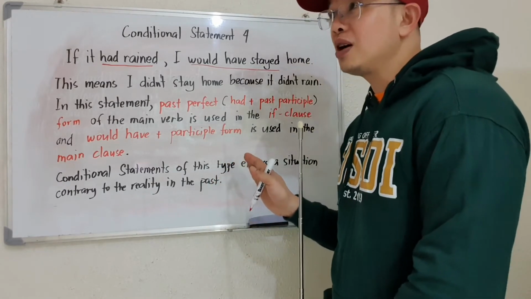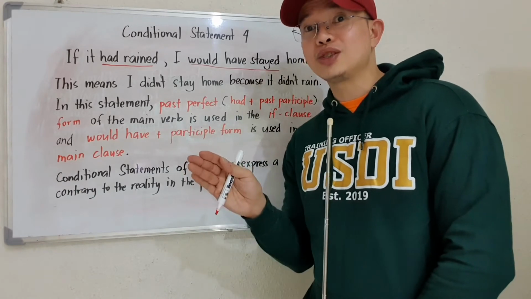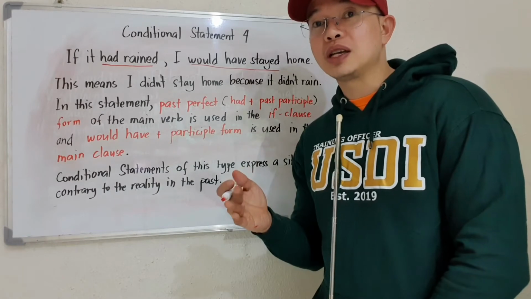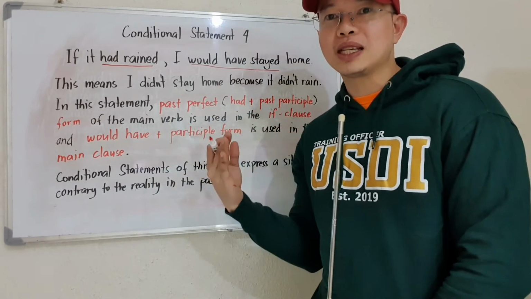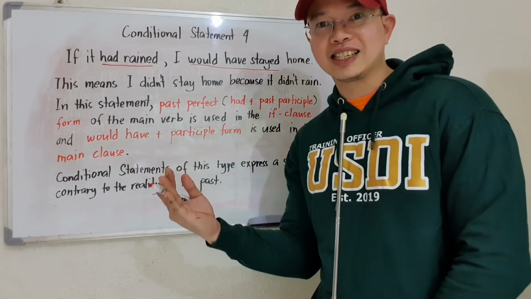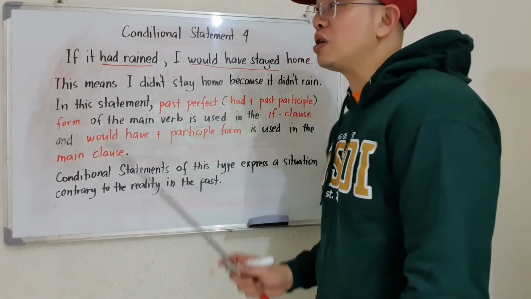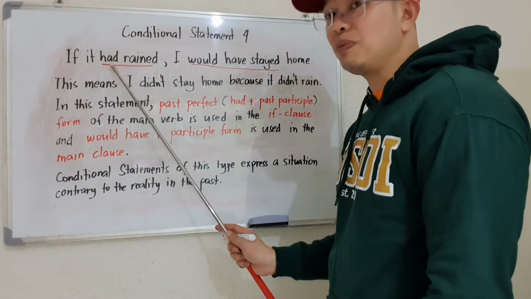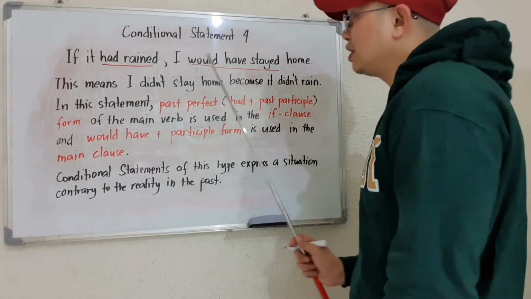So if conditional statement 2 and 3 talks about present or future, this time conditional statement 4 talks about something in the past. Okay, so you express contrary to the reality in the past. That's why we use the past perfect form of the main verb in the if clause, had plus pp, and would have plus pp in the main clause.